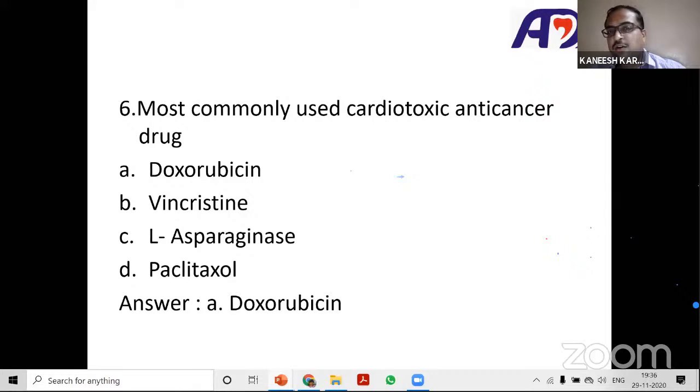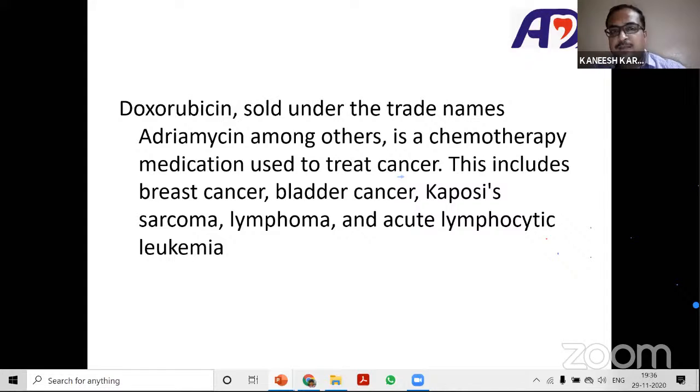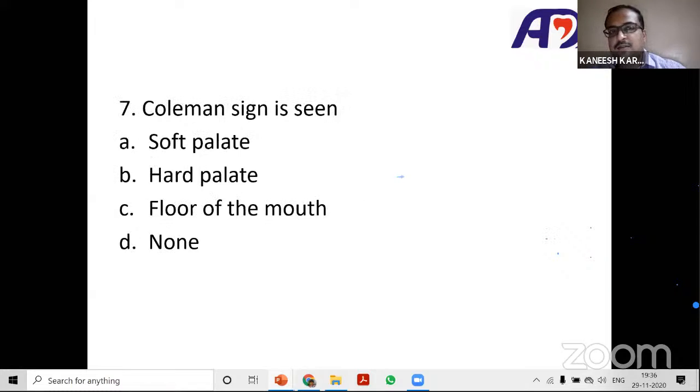That is the most cardiotoxic anti-cancer drug. Doxorubicin, sold under the trade name Adriamycin among others, is a chemotherapy medication used to treat cancer. This includes breast cancer, bladder cancer, Kaposi sarcoma, lymphoma, and acute lymphocytic leukemia.